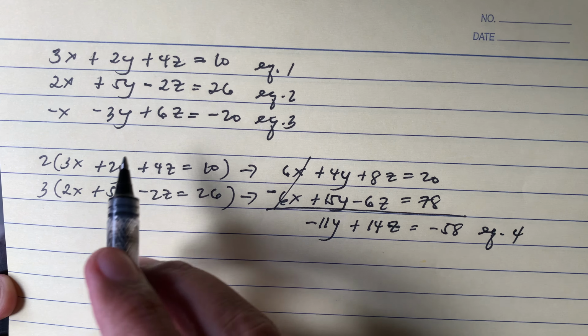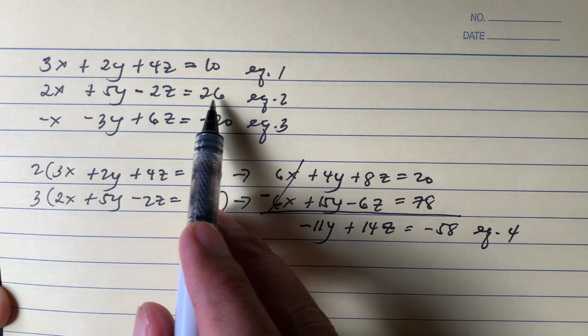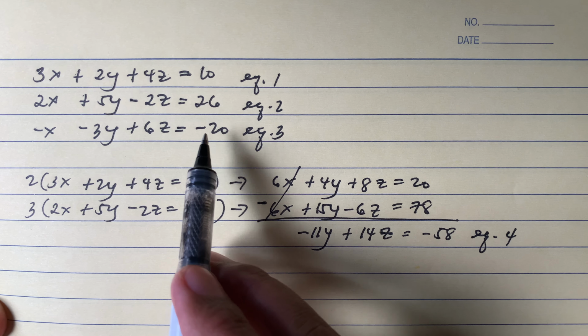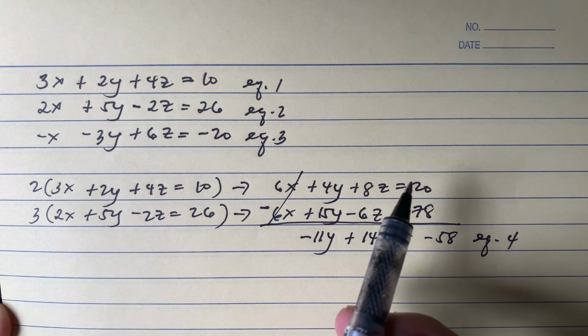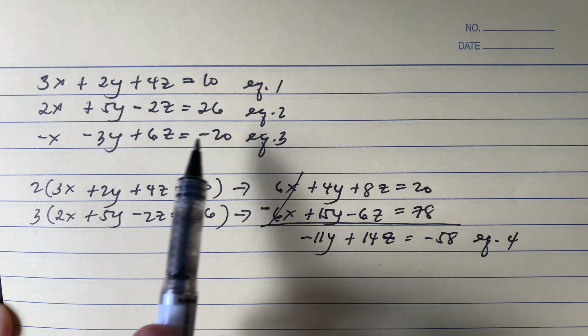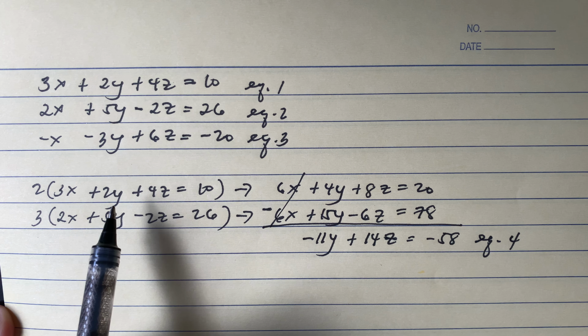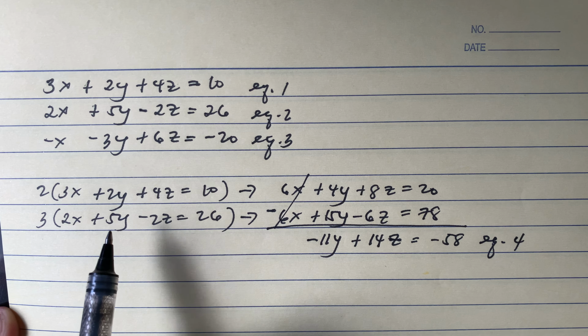Okay, now let us combine equation 2 and equation 3, so that we can find out our equation 5. I'll repeat, we are going to combine now equation 2 and equation 3. Unlike here, we combine equation 1 and equation 2 to find out equation 4.